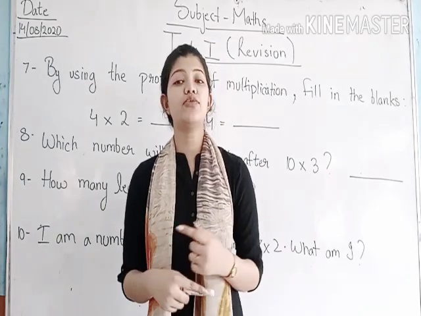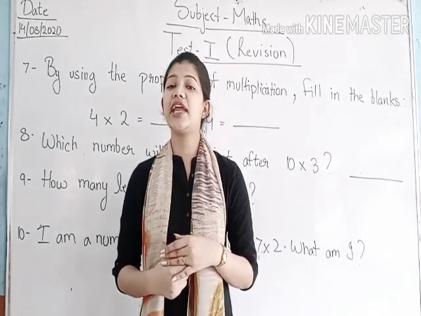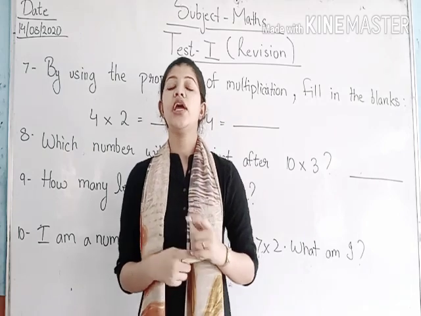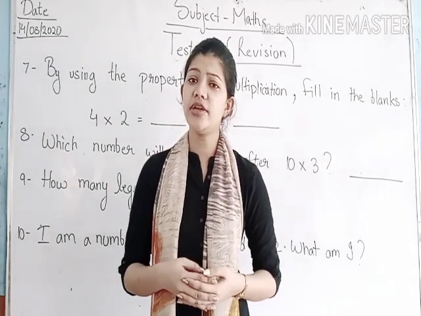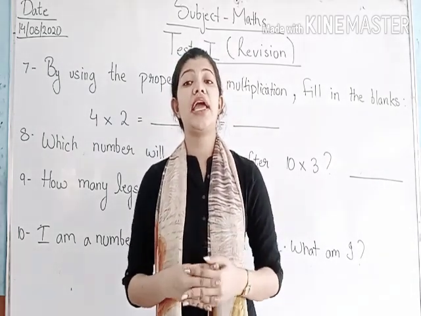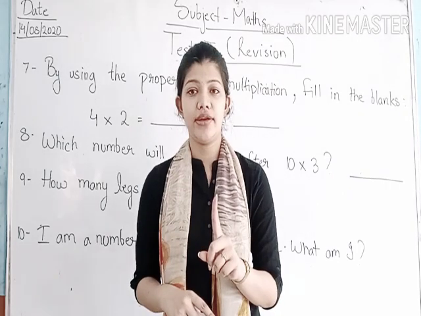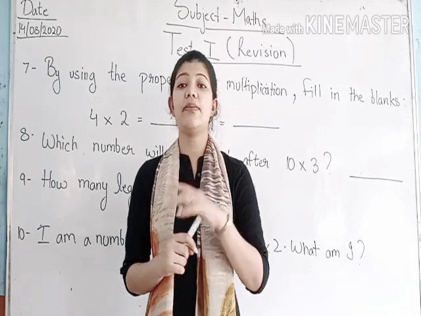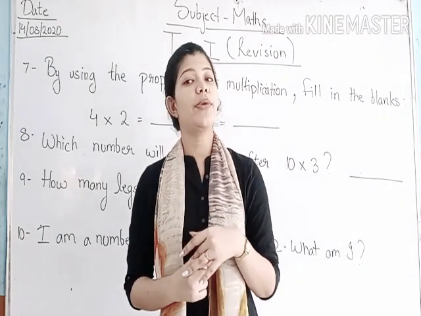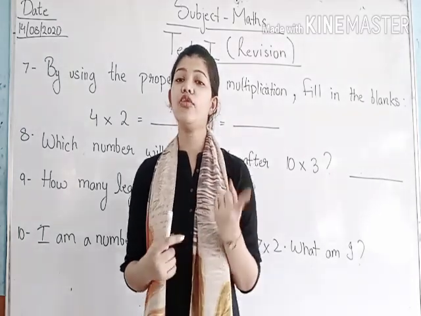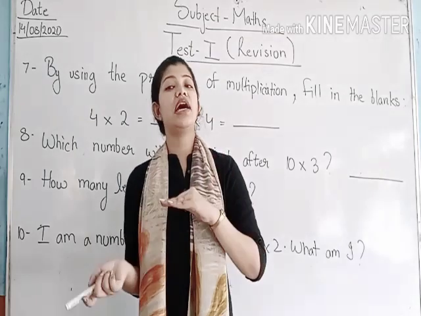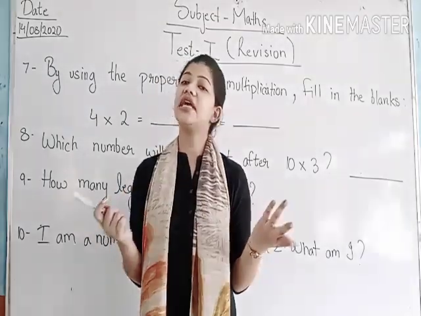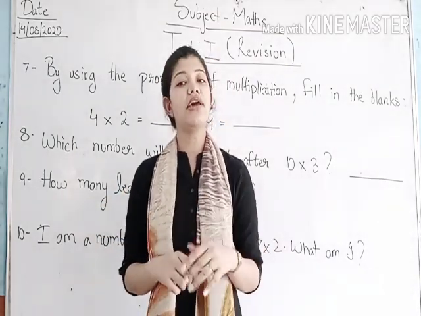Now let's come to our next property, the multiplicative property of 1. When we multiply any number by 1, the answer will be the number itself. For example, 8 ones are 8, 6 ones are 6, 4 ones are 4.